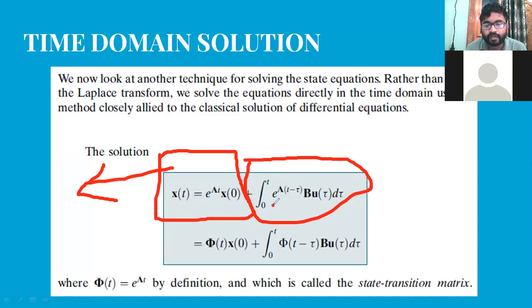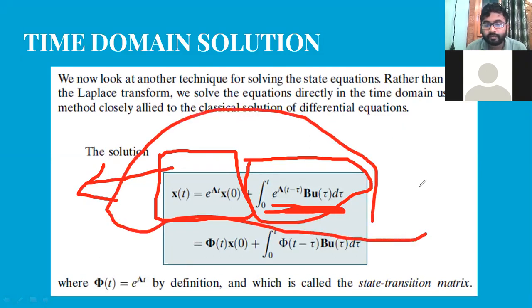Only thing is you won't get this complex convolution if there is no input acting on the system. If there is input acting on the system, this complete term is the solution, that is called non-homogeneous.